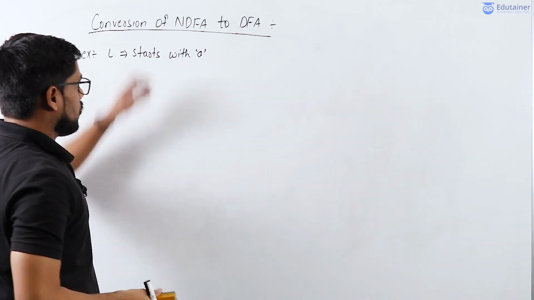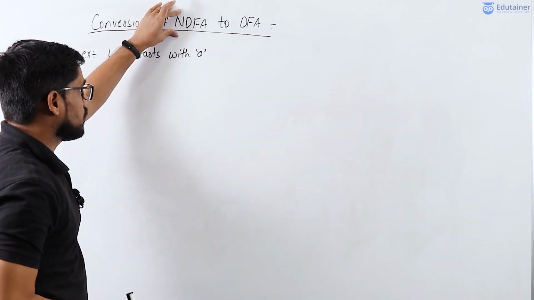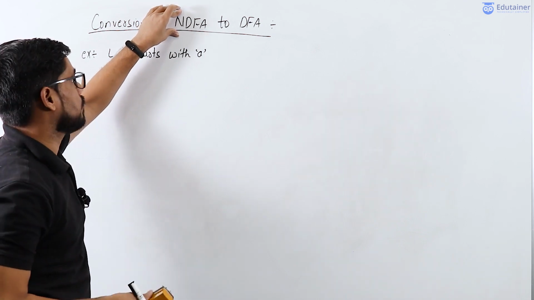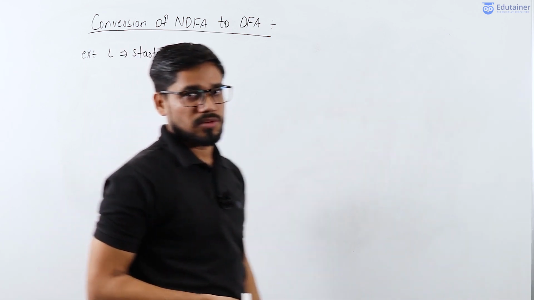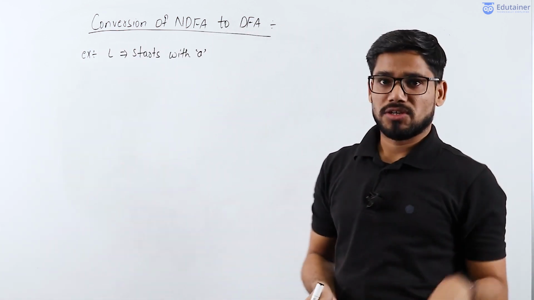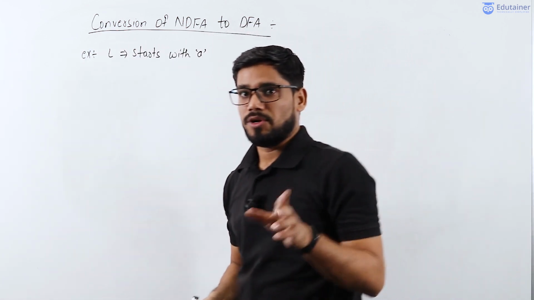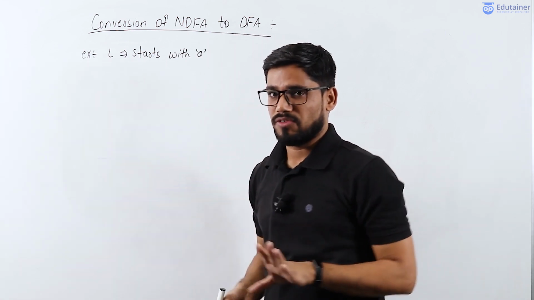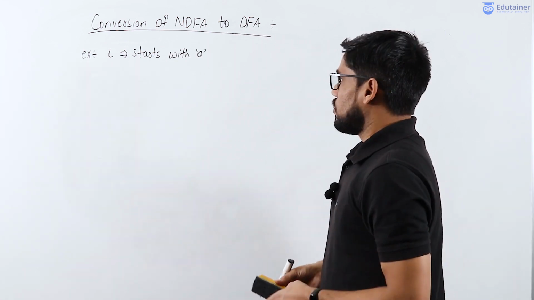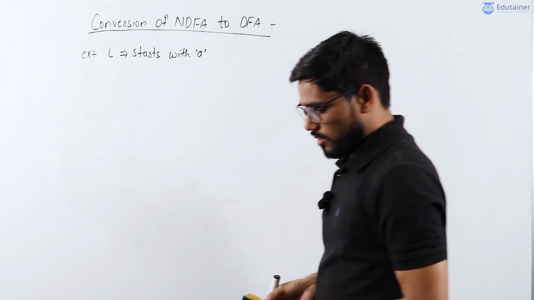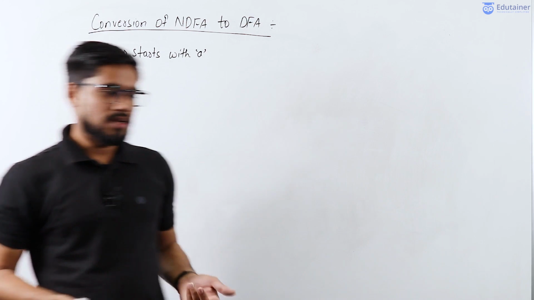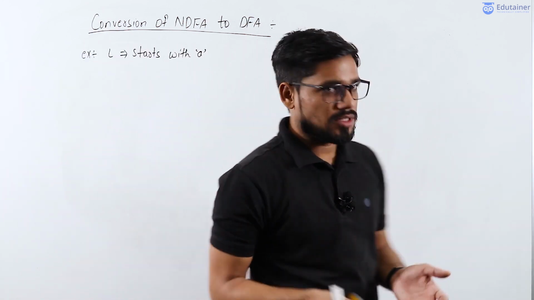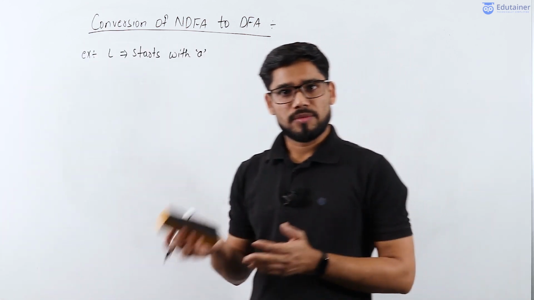First of all, we draw the transition diagram as well as the transition table for this language, and after that I will use the subset construction method to convert the transition table as well as the transition diagram into a DFA transition table and DFA transition diagram. Till now I have not taken any transition table example, but you can understand that a transition diagram is a way of representing the automata machine.